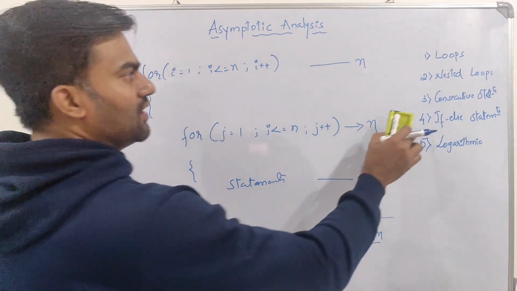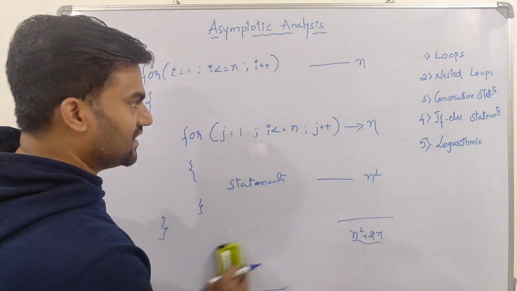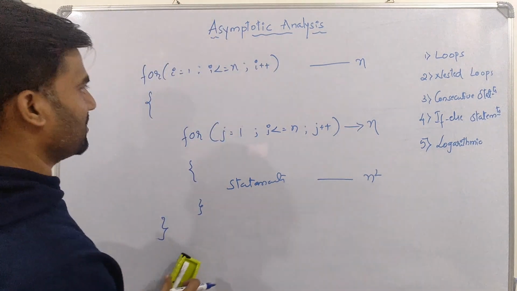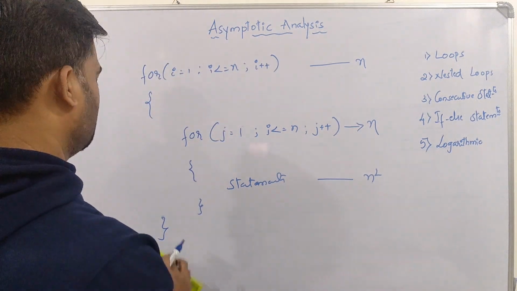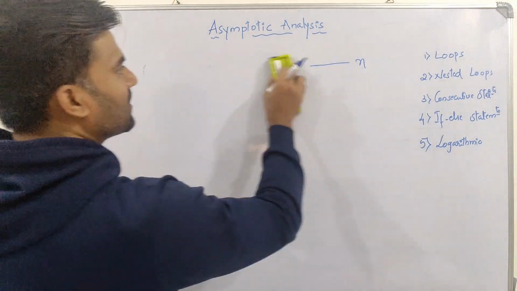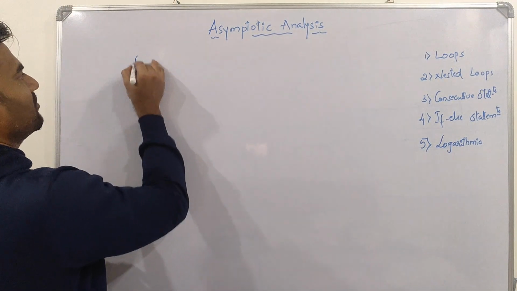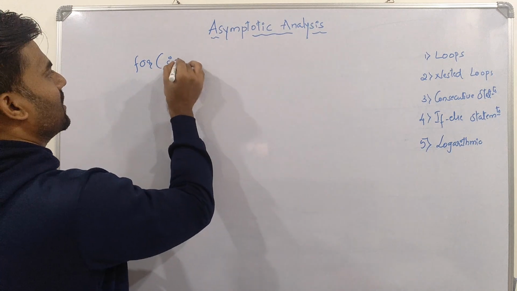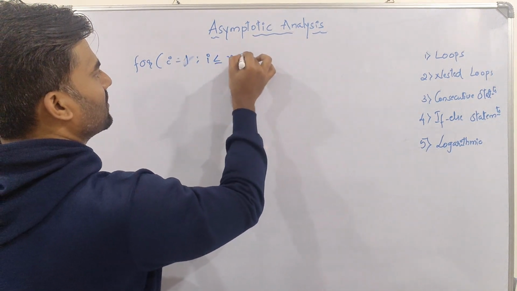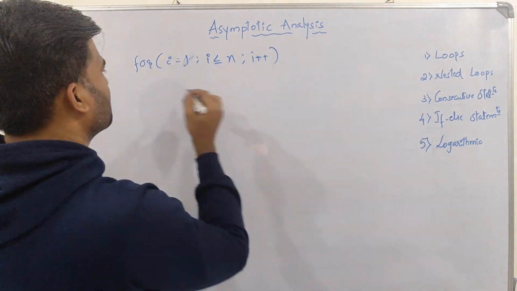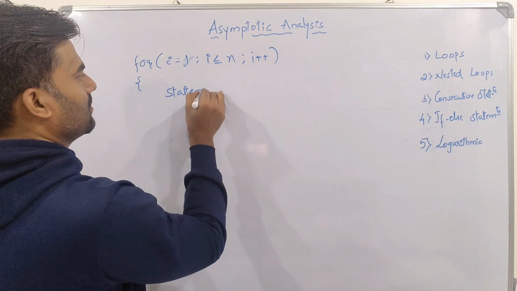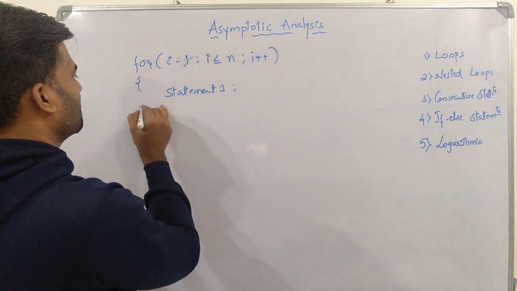Now in the next category we will see how consecutive statements execute. For that, let me make it a little bit small. For i equal to 1, i less than or equal to n, i plus plus, statement 1 executes here.